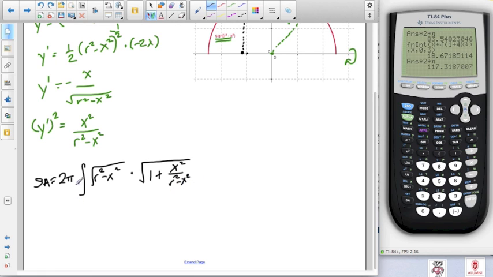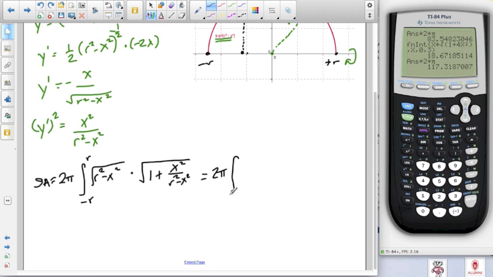And then the limits of integration, you're going to have to integrate from here, and it's kind of off the picture, all the way to here. So depending upon the function, that's just going to be minus r to positive r. So there's the expression.